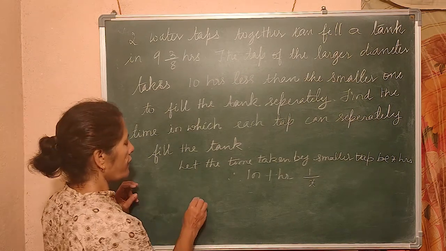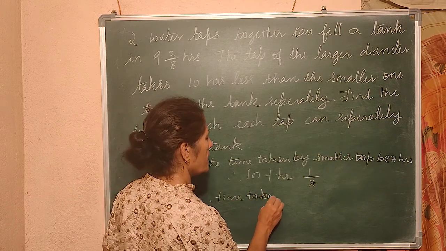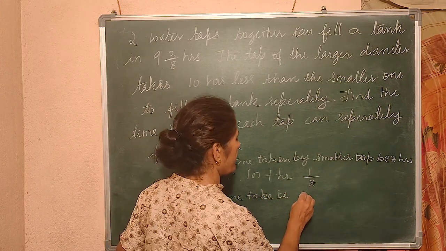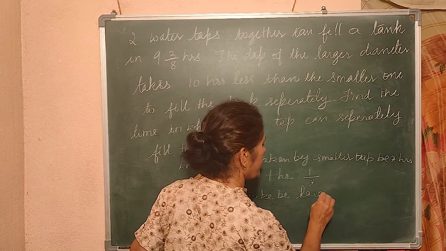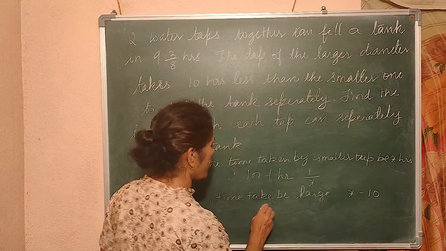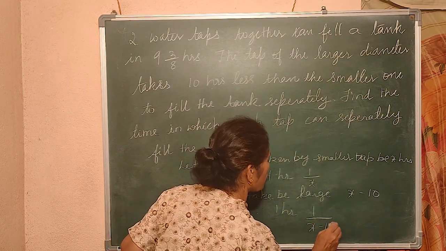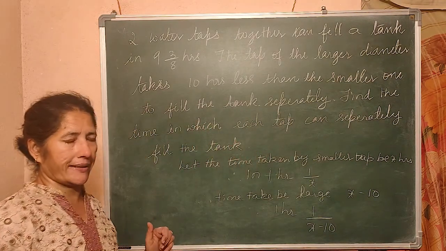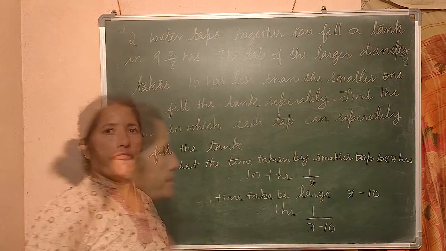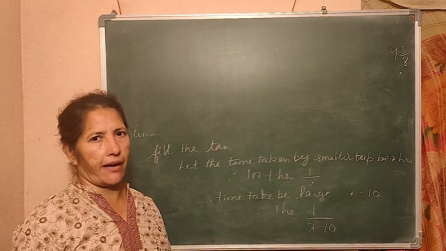Now the time taken by the bigger tap, the larger tap, is x minus 10. Therefore, in 1 hour, it fills 1 by x minus 10 of the tank, right? When both are open, it takes 9 by 8 hours.